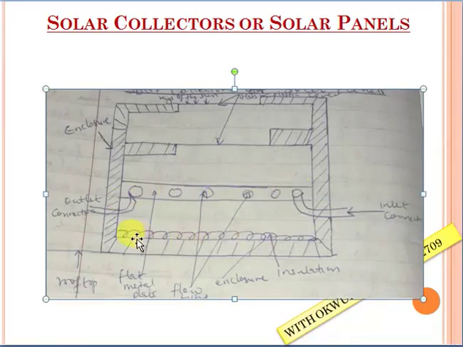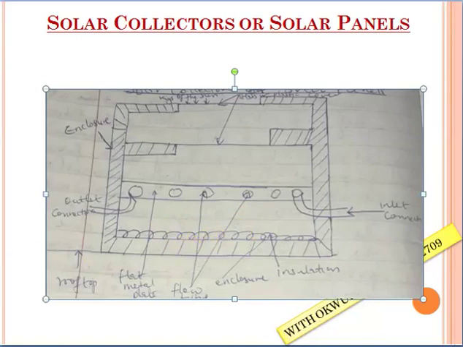Now this is the thermal insulation. You can see it at the back of this absorber plate, labeled insulation, or by the side of it. They minimize heat loss. So it's an insulator, it will prevent heat loss.